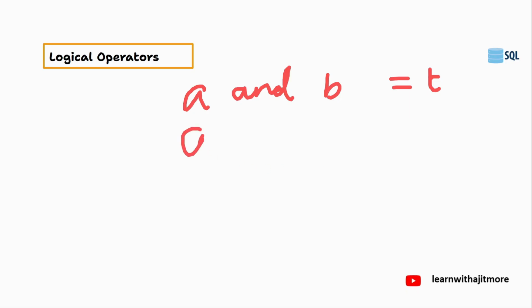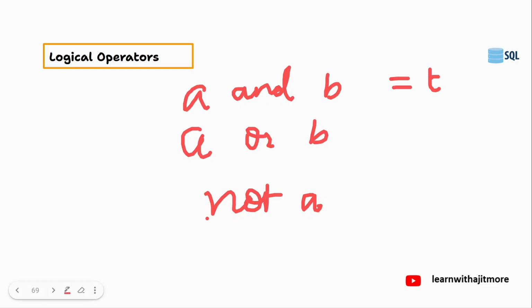In case of ORing, tell me when the result is true, when either of them is true. Means A is true but B is not, or B is true but A is not, or both are true, will do. Any one of them is true, the result is true. But here both should be true. Getting, no? And NOT of A. It is complement. Complement means opposite. A true, NOT will make it false. A false, NOT will make it true.